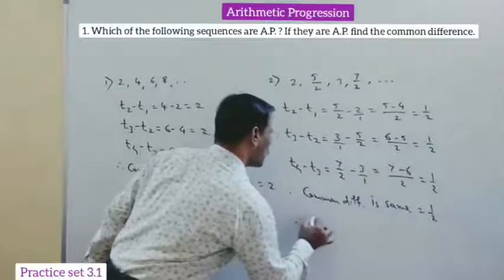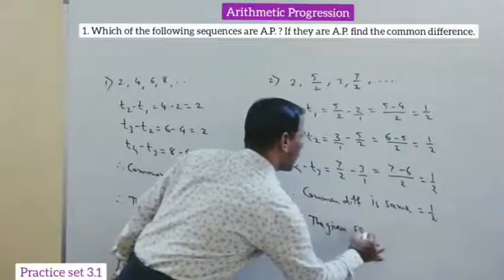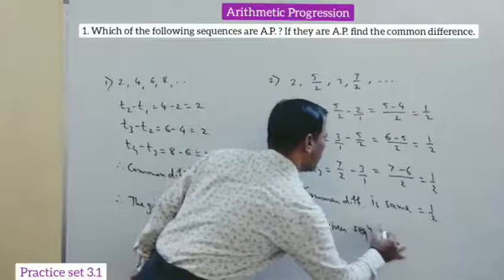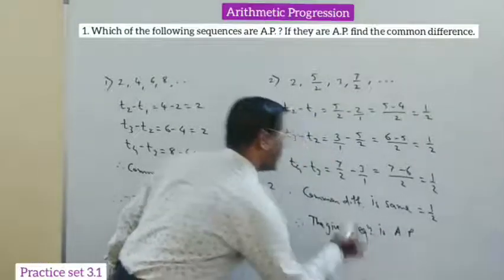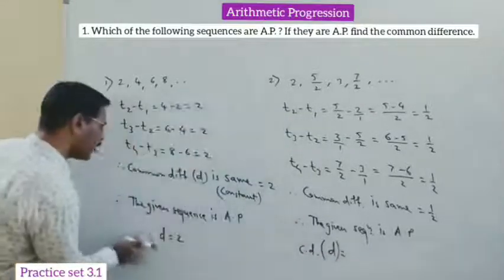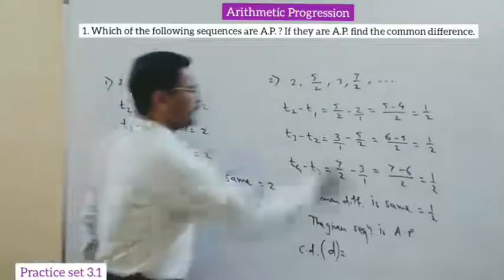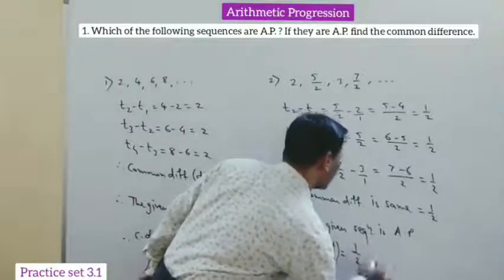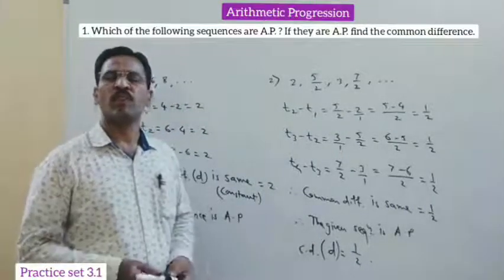Therefore, the given sequence is AP. Therefore, D, that is the common difference D, is nothing but half. Understand, friends? Like this we can solve all these.